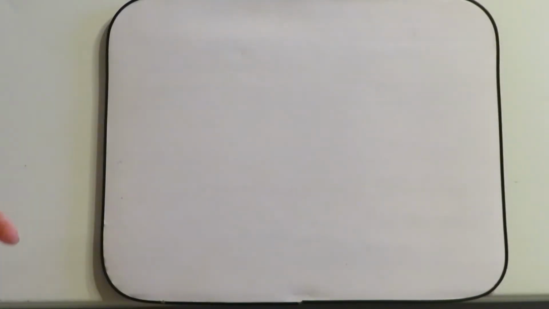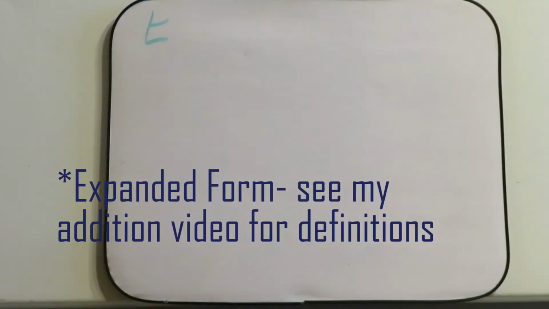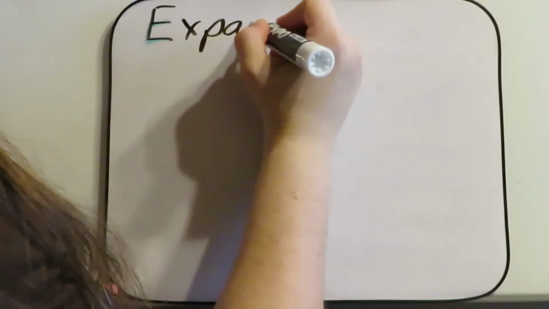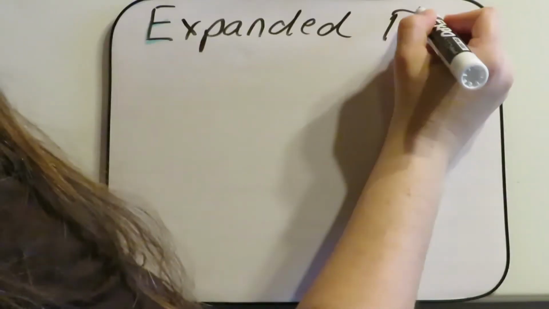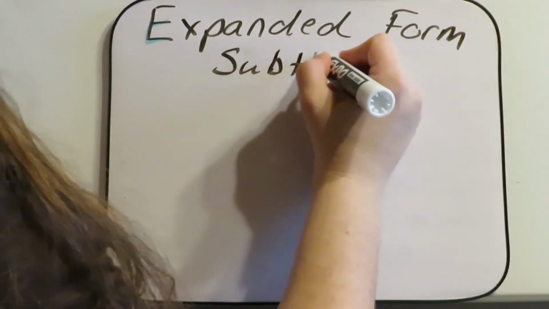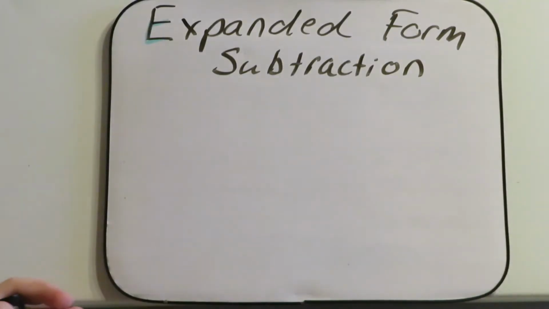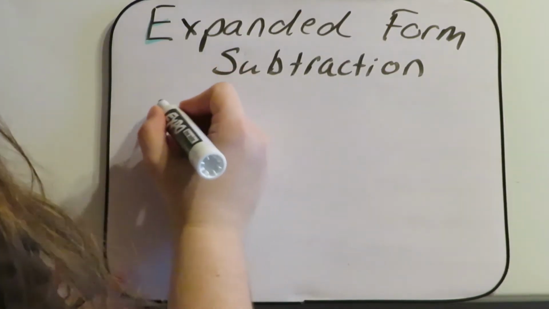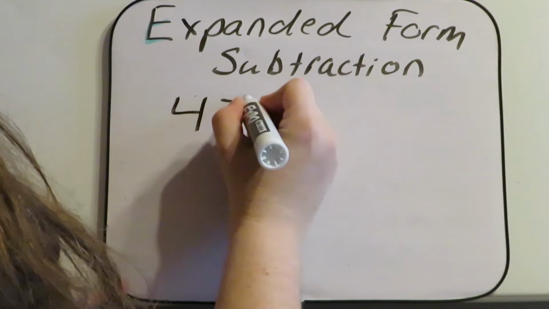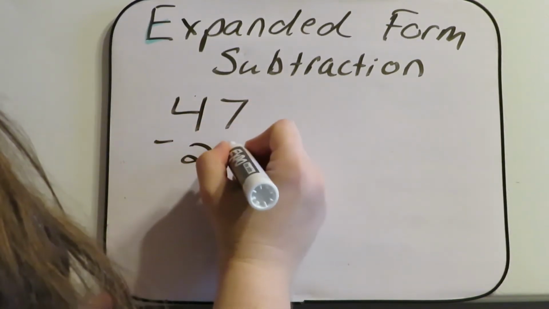Now, we're going to try subtraction with expanded form. Much better. Expanded form subtraction. We are going to start with a problem like this. 47 minus 21.